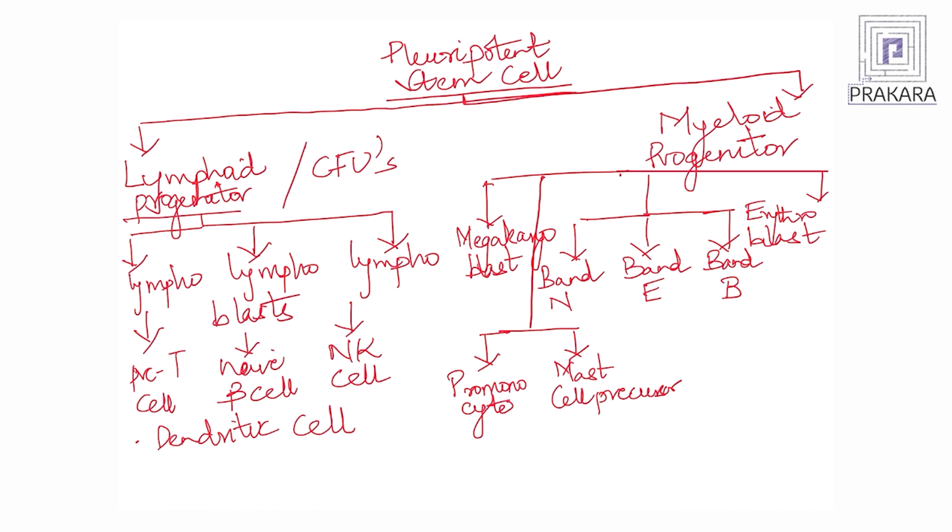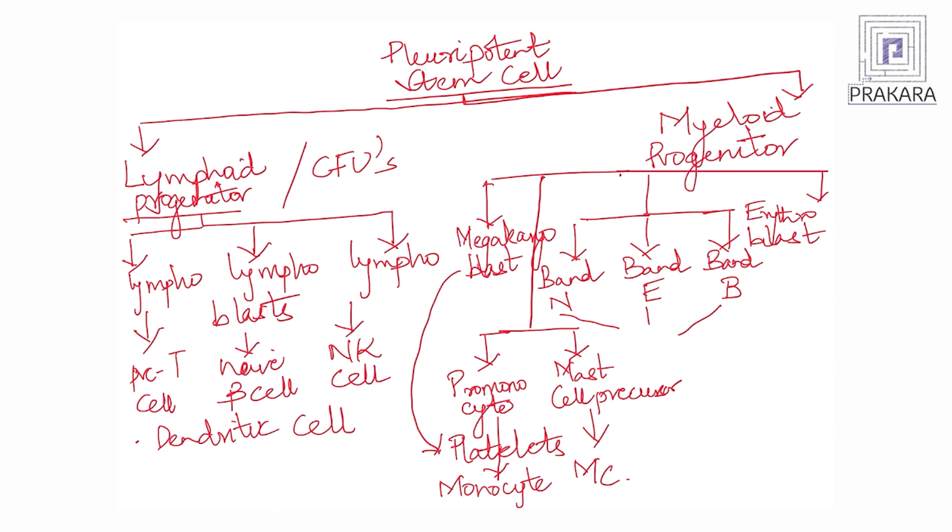On the other side, the megakaryoblast gives rise to platelets, the promonocyte gives rise to monocyte, the mast cell precursor gives rise to mast cells, and band neutrophils, band eosinophils, and band basophils give rise to neutrophils, eosinophils, and basophils respectively, and the erythroblast gives rise to the RBC.